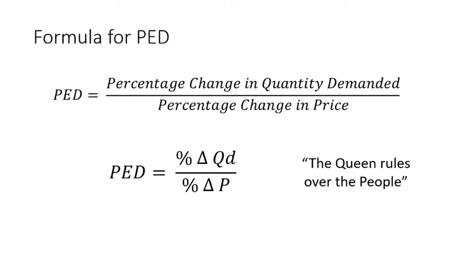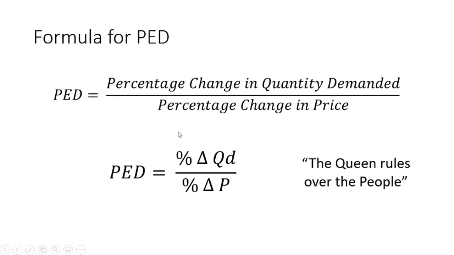The way of measuring this, we can measure it mathematically and numerically by using this formula. The formula for PED is the percentage change in quantity demanded over the percentage change in price. You can always put it into shorthand descriptions.